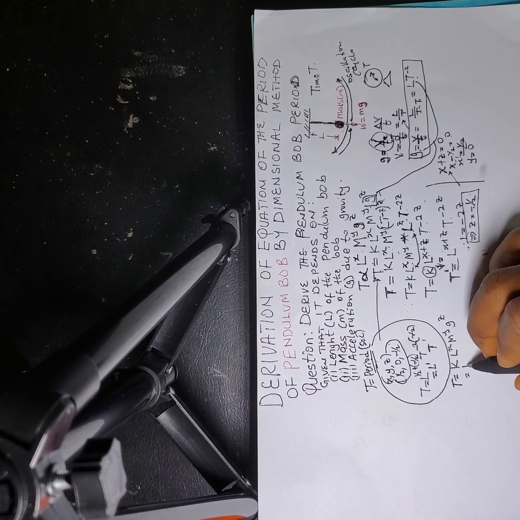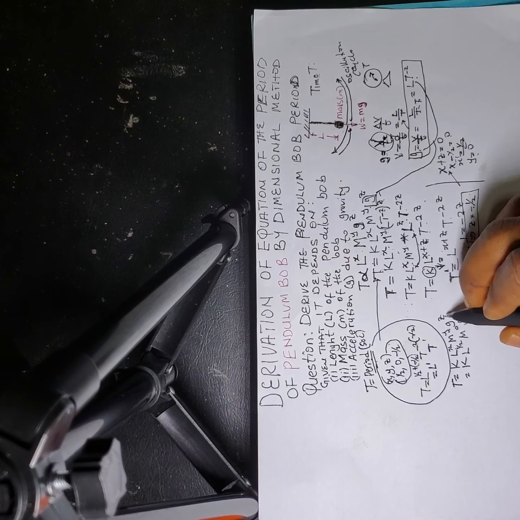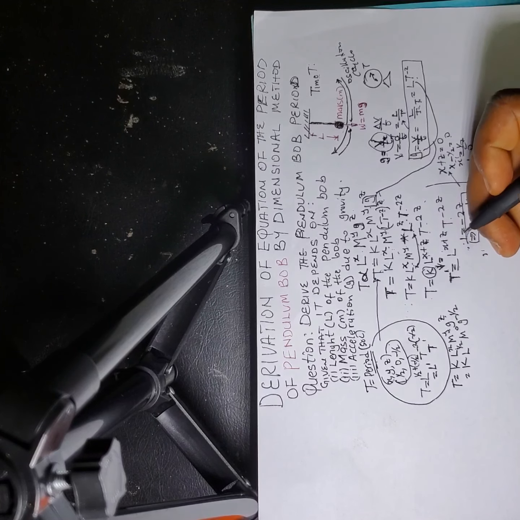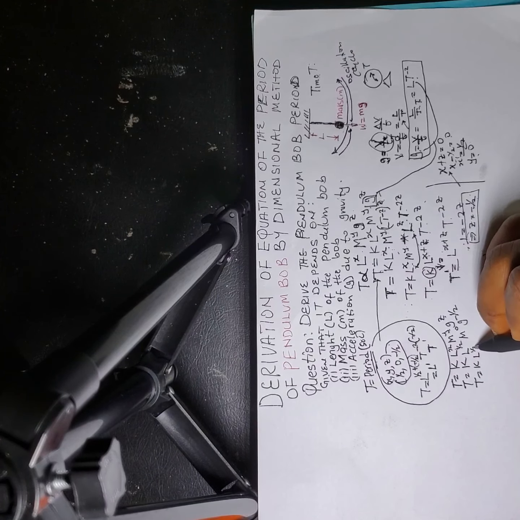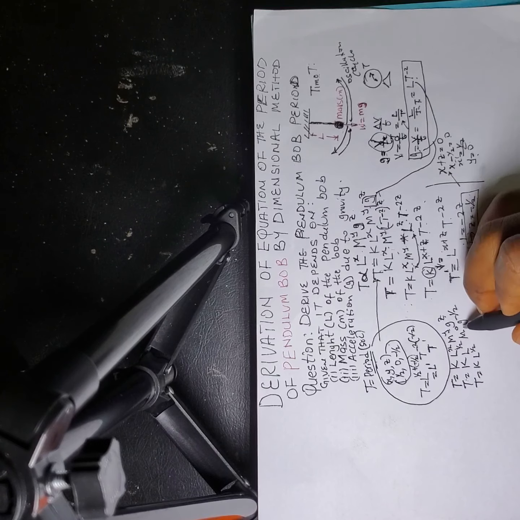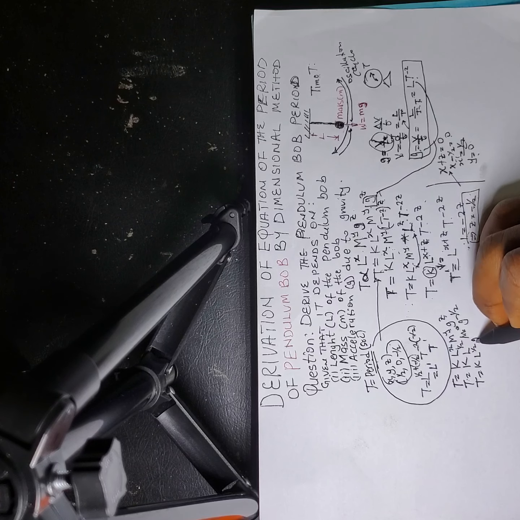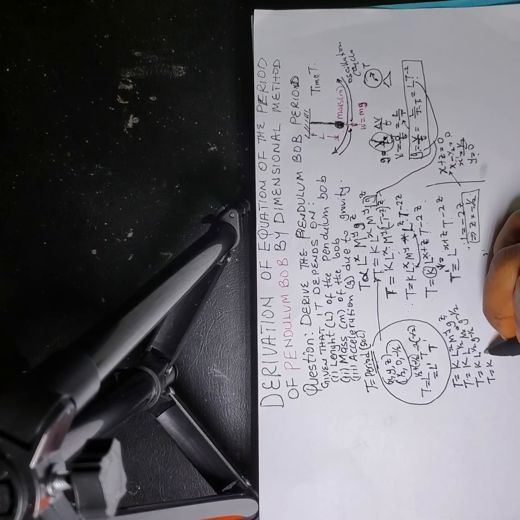But I can put it like this: k L raised to power x, the x that we got there is half, then m raised to power y, the y is 0, and g raised to power z, the z is minus half. So we can see now that T is equal to k L raised to power half. This m raised to power 0 means the time T of the simple pendulum does not depend on the mass of the pendulum. So m raised to power 0 is 1. So we are left with g raised to power minus half.